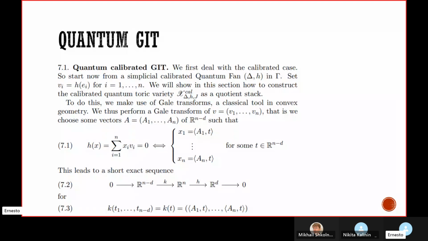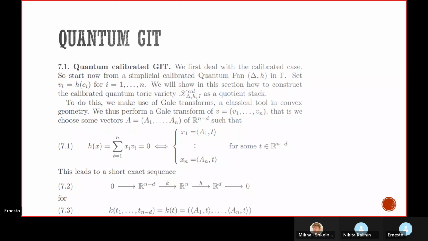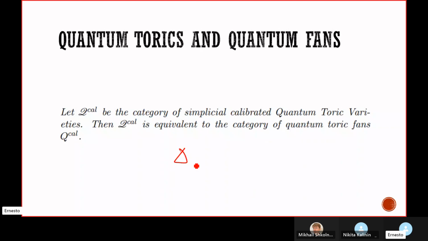It's equivalent to the category of quantum toric fans with maps of fans. Here, the important thing is to remember that the quantum fan has the combinatorial structure, the calibration.